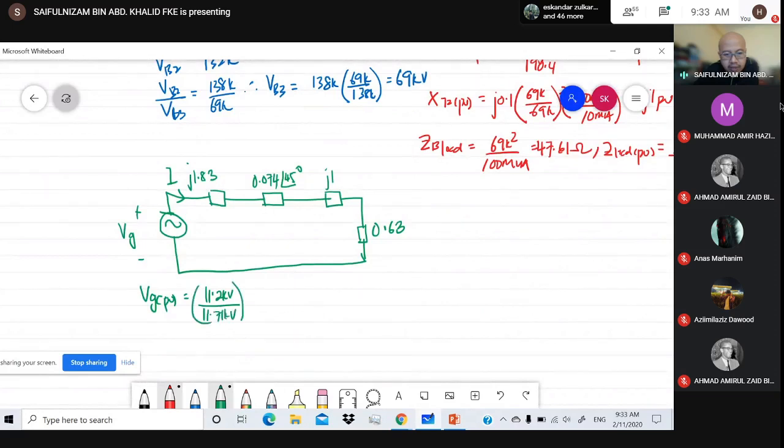So the actual value divided by the base value. Otherwise, you cannot find the current. You should know the voltage at the source or at the load in order to calculate the current. So you should get 0.96 pu.